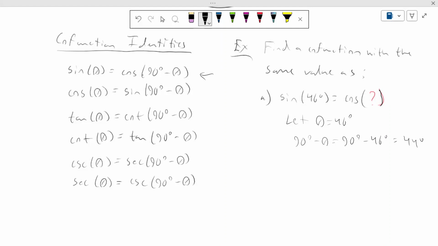So then sine of 46 degrees is the same thing as cosine of 44 degrees. So there we have it. Any questions on that?